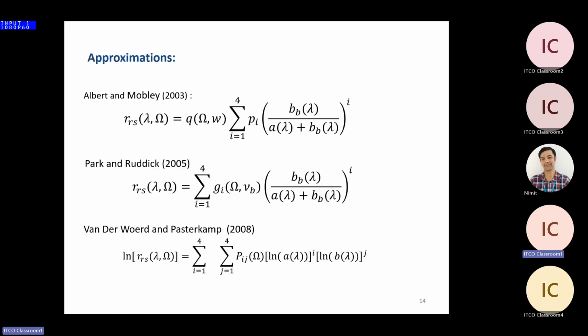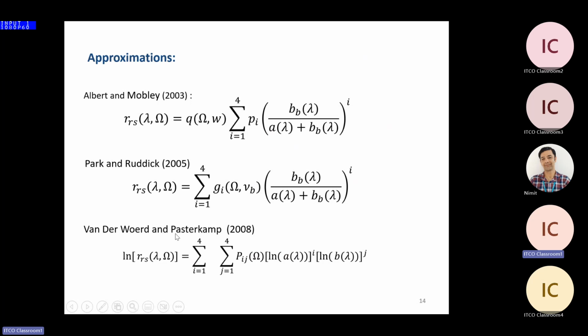There are many other approximations for this subsurface remote sensing reflectance, like the one by Albert and Mobley, this fourth-order polynomial. Park and Ruddick also have a fourth-order polynomial, but this one has different view angles. I think this one has different wind speeds, if I remember correctly.